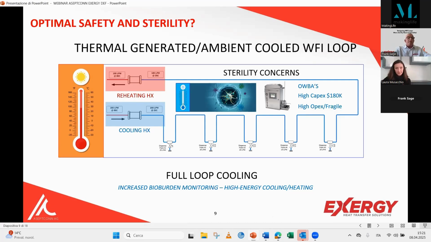The cost of having one of these analyzers at each point of use in an ambient system would be very, very high and can be quite difficult to manage because of the installation space, process equipment functions during sampling, and other factors.